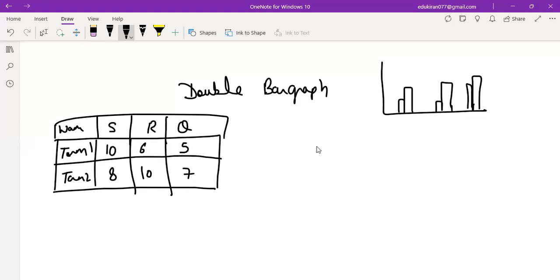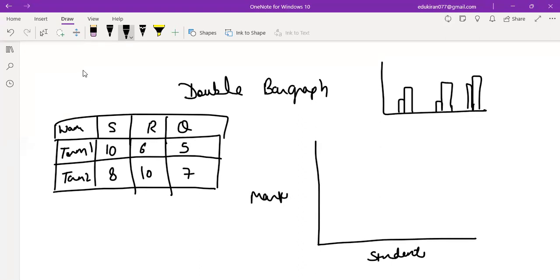Clear? So when you draw the graph, here will be the students and here will be the marks. So over here, how are you going to do it? It is like this.